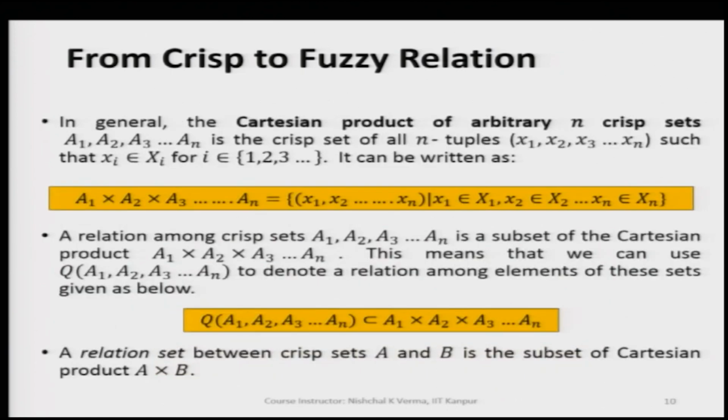Now, let us move towards the Cartesian product of n crisp sets. In general, we can write the Cartesian product of arbitrary n crisp sets like this.